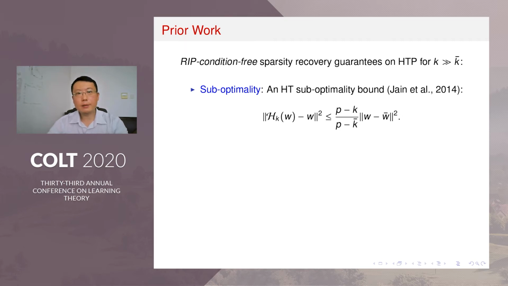The expansion bounds of hard thresholding operators have received recent attention for condition-free analysis of HTP-style methods for sparsity recovery. An HT suboptimality bound has been derived by Zheng et al., which is key to establishing RIP-free bounds for high-dimensional sparsity recovery.